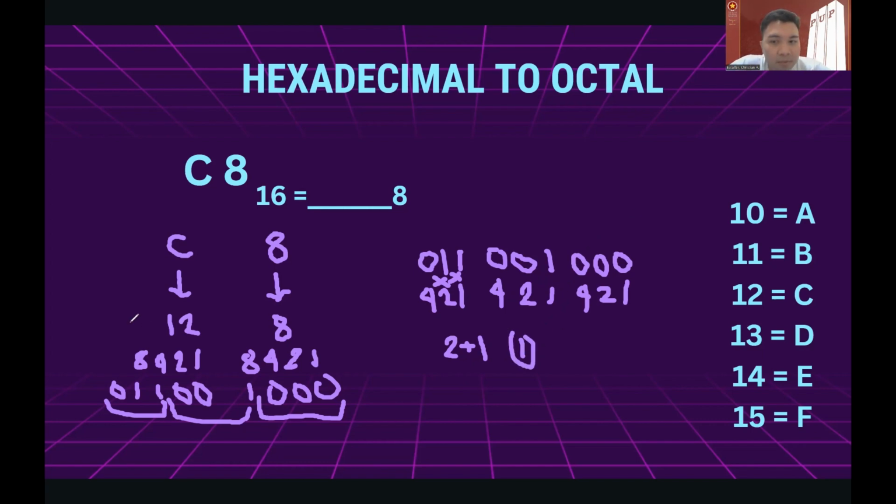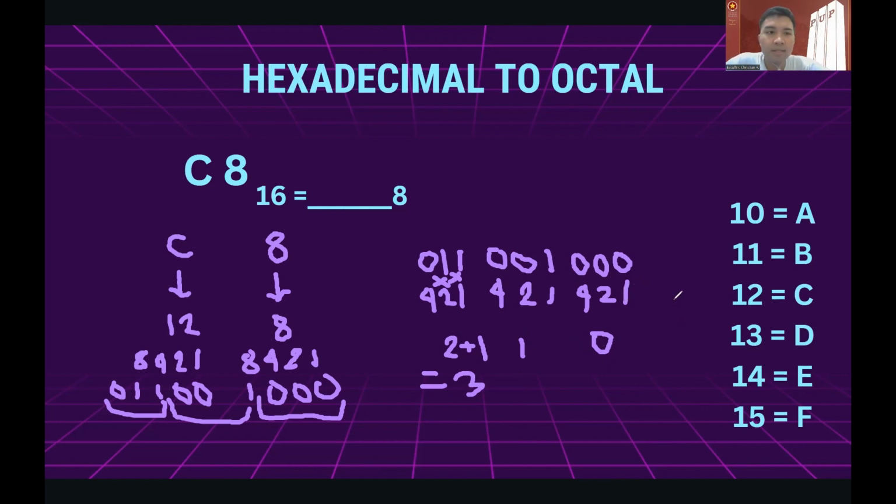That's why I put here 1. 0, so all the numbers of this group are 0, so that cannot be. So 2 plus 1 is equal to 3. Then the number itself, number 1, in the next group. In the next group rather, here I'll just put 0 since the value is 0.